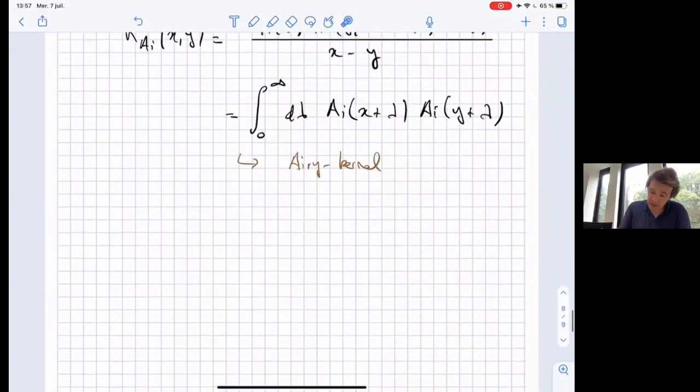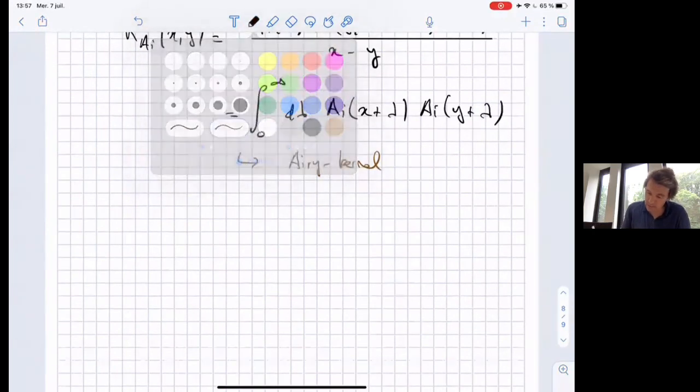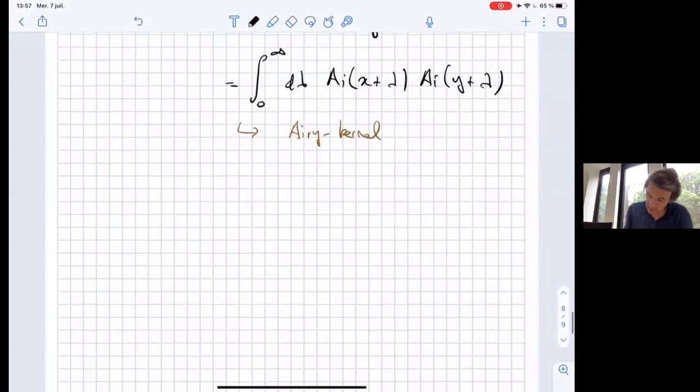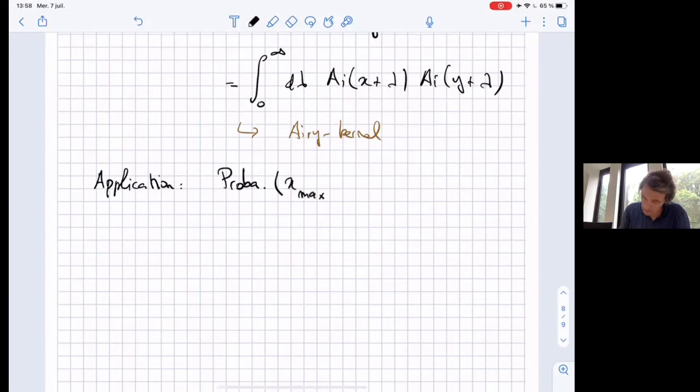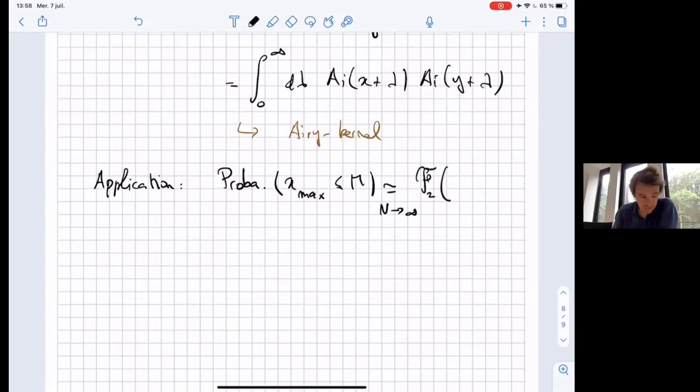So one application of the whole formalism, if you assemble all the different results that I have shown for you today, is that we can now write the probability that x max is less than m. It turns out that in the large n limit, it takes a scaling form, which I write in terms of this F_2 function.